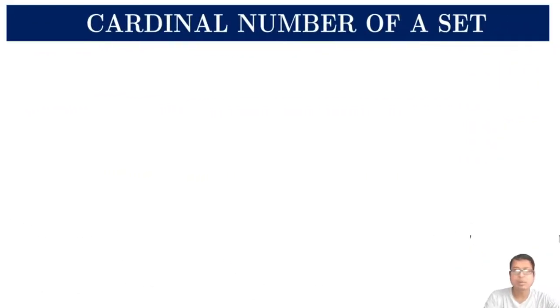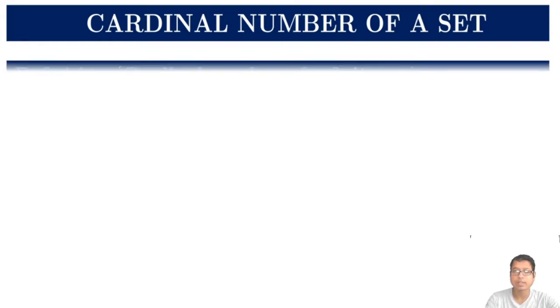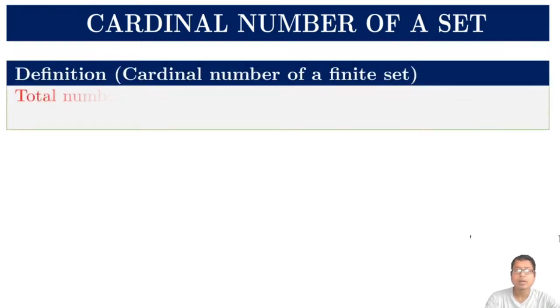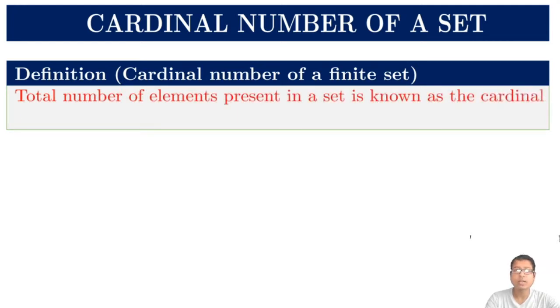Okay, let me talk about the cardinal number of a set. Here we will be talking about the cardinal number of a finite set. The total number of elements present in a set is known as the cardinal number of the set. That means whatever elements are present in a set, that total number will be known as the cardinal number.